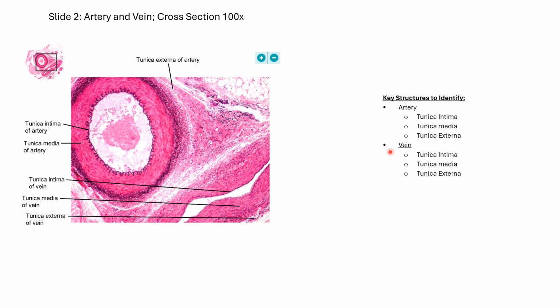Both the artery and vein are going to have these three regions. The innermost is known as the tunica intima. Surrounding the tunica intima is the tunica media. Then surrounding the tunica media is the tunica externa.